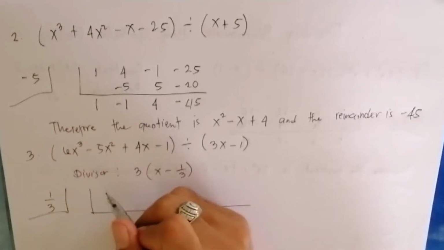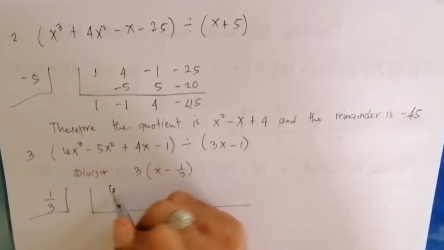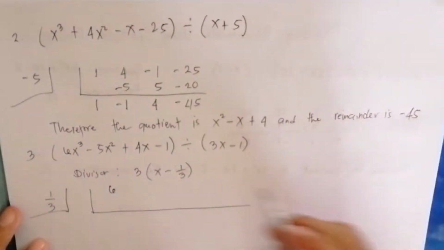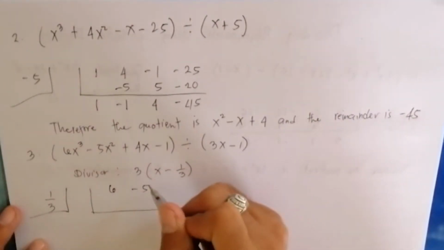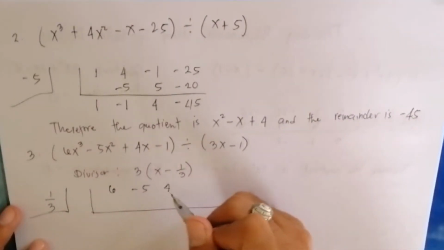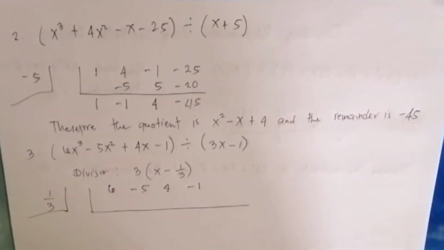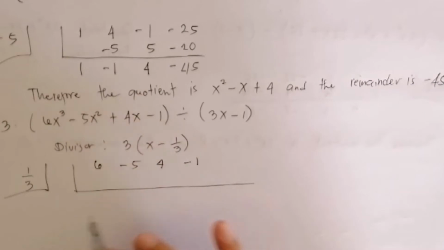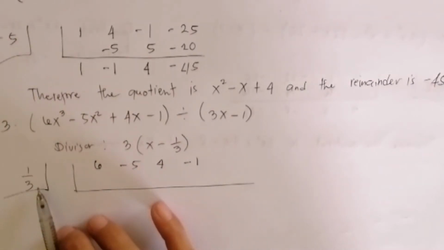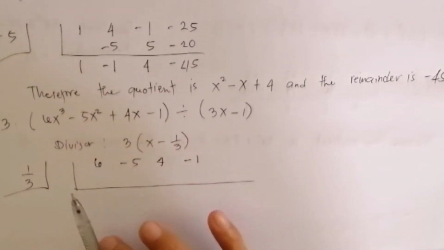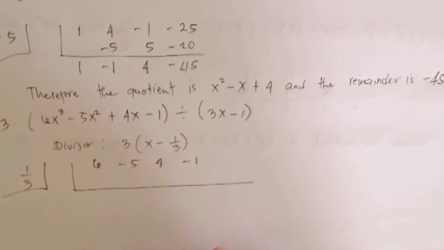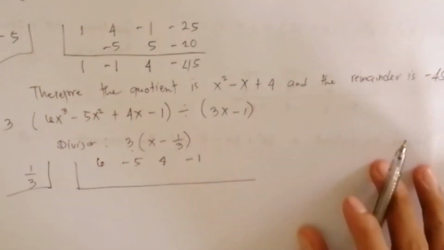Then we have 6, negative 5, 4, and negative 1. This is our first divisor, so after getting the quotient of this problem, divide it again by 3.